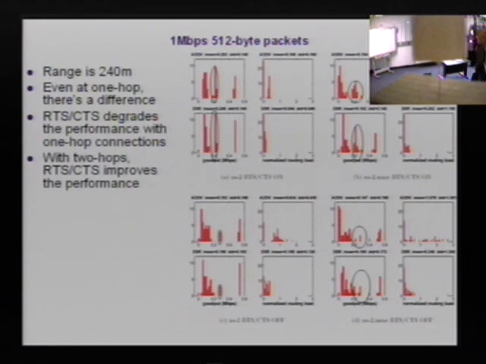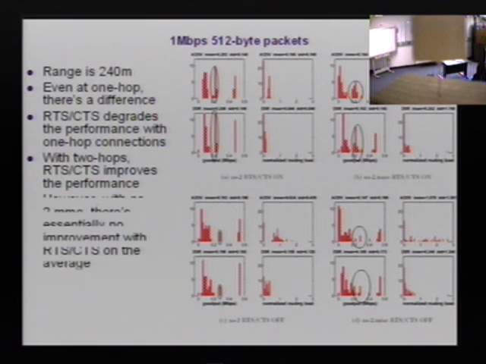With 2 hops, RTS-CTS improves the performance. For example, this is the throughput with it off, and this is the throughput with RTS-CTS on. We clearly see that there's an improvement in both cases, whether you use NS2 or NS2NM.